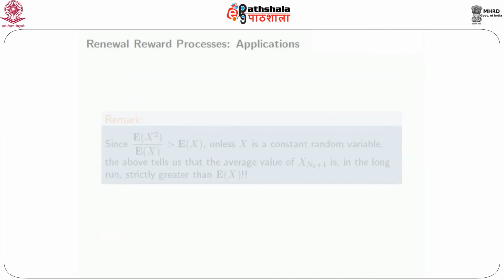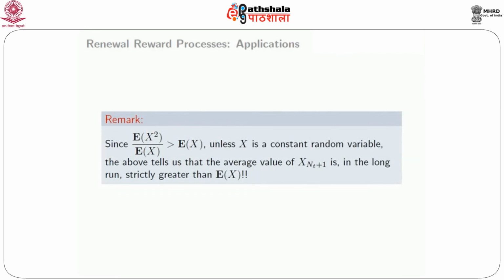So let's end with a remark, which is that E[X squared] over E[X], we all know, is always strictly larger than E[X], unless of course X is a constant random variable, because this being strictly larger than E[X] means that the variance is strictly positive, and we know the variance is strictly positive unless X is a constant random variable.